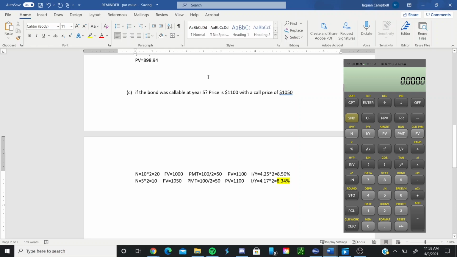So if the bond was callable in 5 years, we will have a yield to maturity of 8.34% versus if the bond wasn't callable and we just held it the entire 10 years, we would have a yield to maturity of 8.5%.